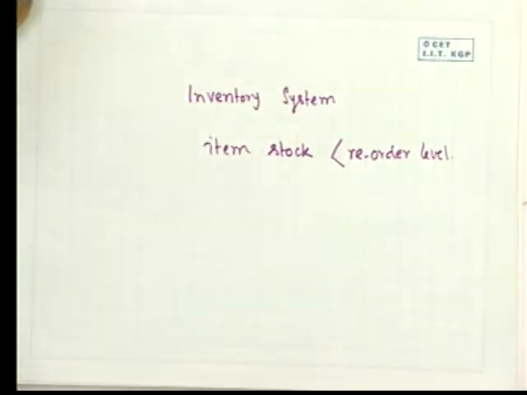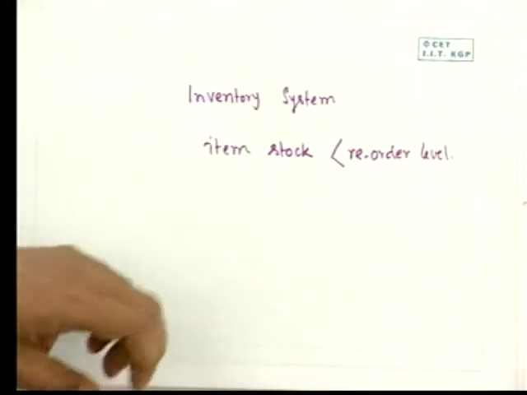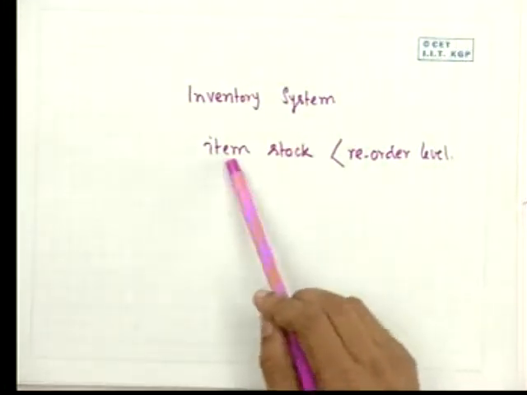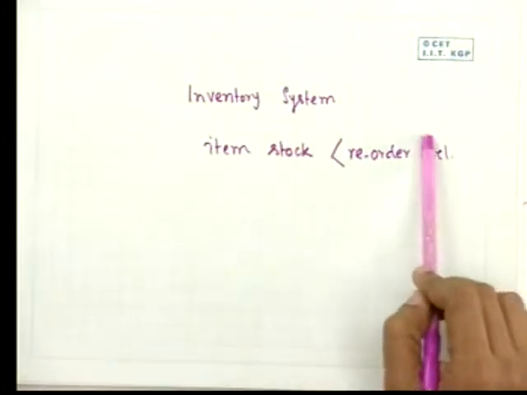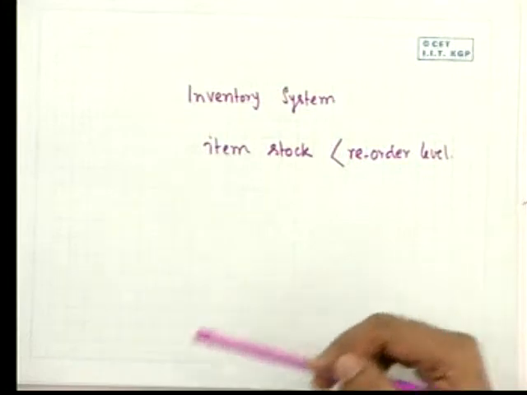But when the stock will fall below the reorder level is not known a priori. It will depend on how many requests are coming to the inventory system for issuing of that item.